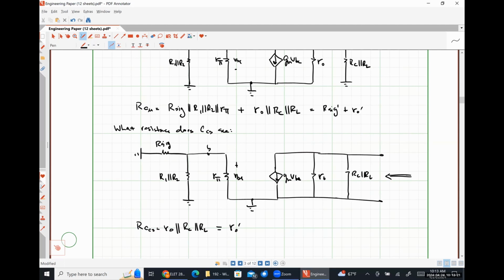Expressing it in that way will make it wildly easy to use this method for MOSFET-based amplifiers as well.